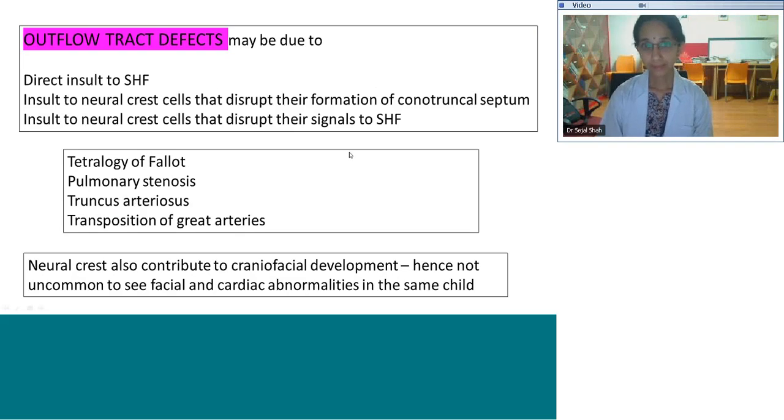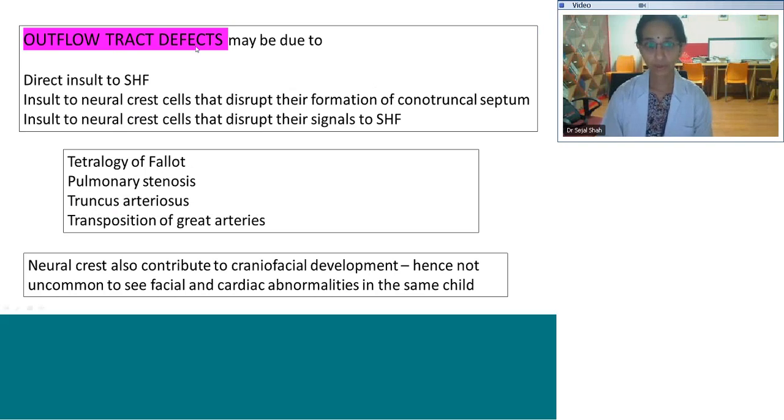Now, after understanding the embryology of the conotruncus, what can go wrong in the whole process? We understood that the outflow tract development happens because of the myocardial cells, the endocardial cells, the secondary heart field, and the neural crest cells.